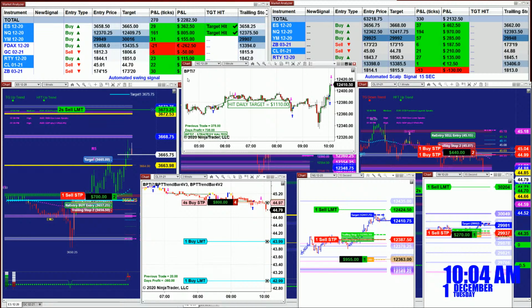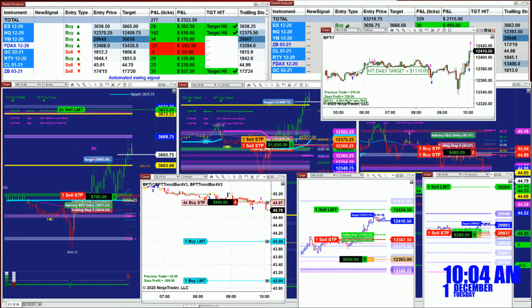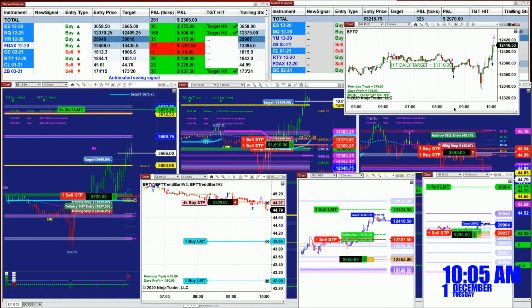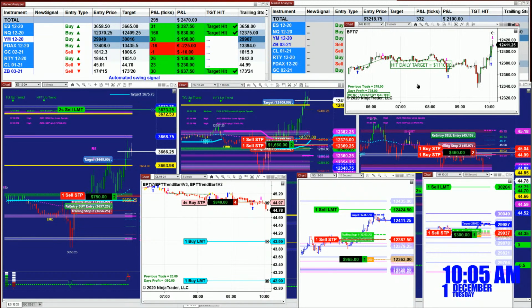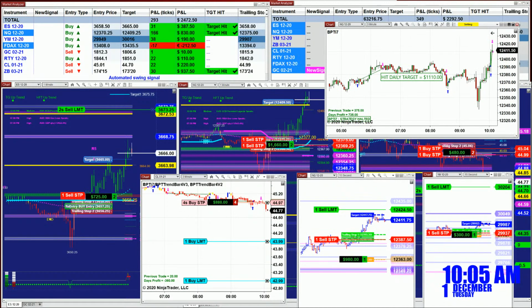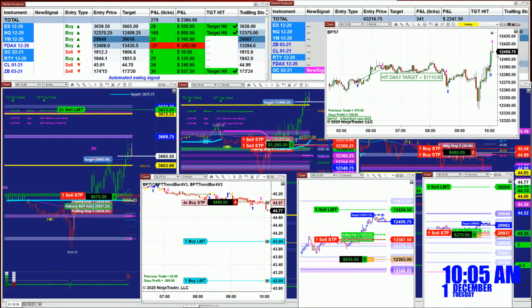This is a totally different automated trade, fully automated, and we managed to get the target above 1,000. And it is done now. We just closed position.